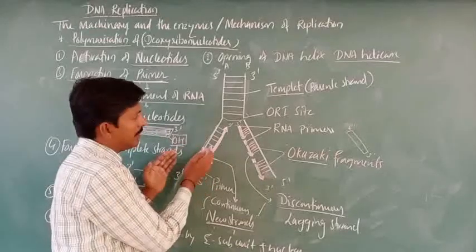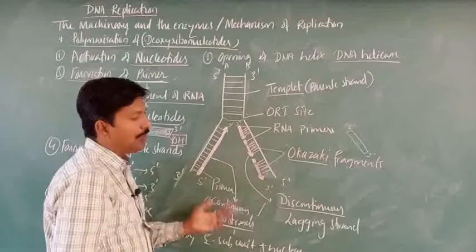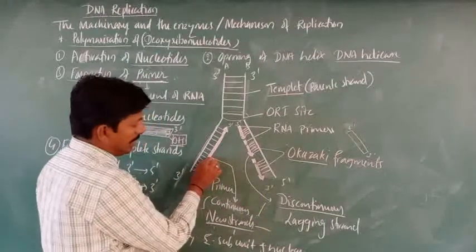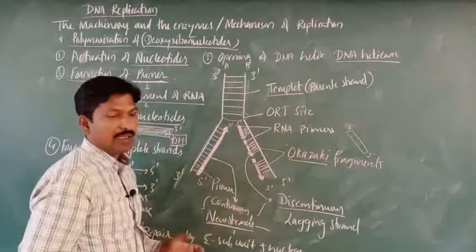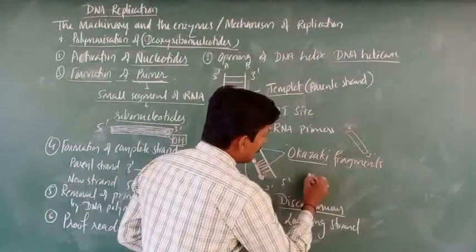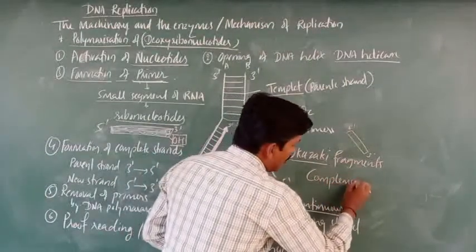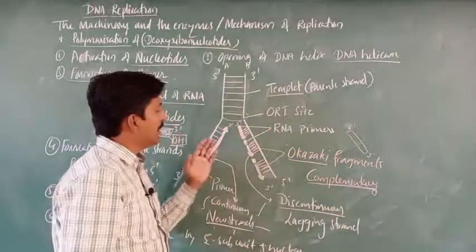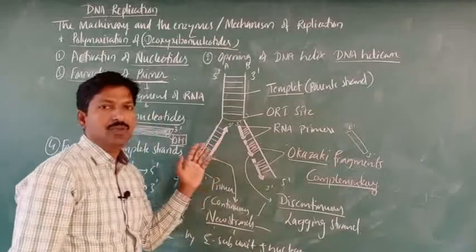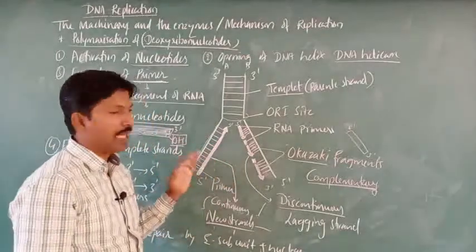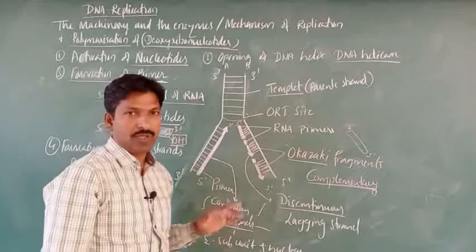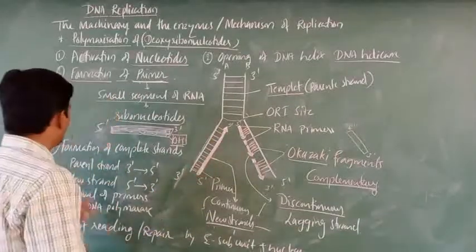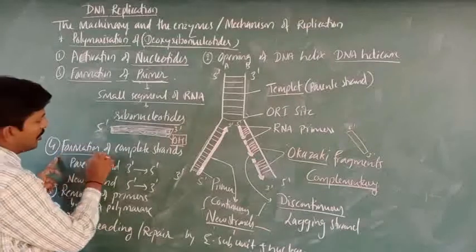That's why we say the new strands are complementary. Both the leading strand and the lagging strand are considered complementary strands, because adenine combines with thymine, and guanine with cytosine. In this way complementary strands are formed. One becomes the continuous strand. So that is the fourth step we have taken: formation of the complete strand.